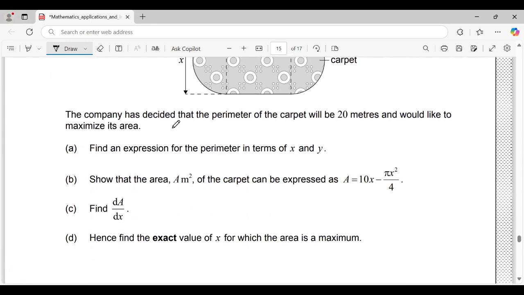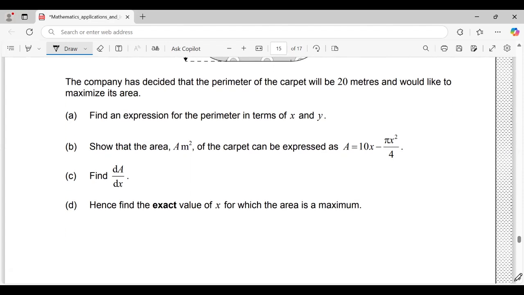The company has decided that the perimeter of the carpet will be 20 meters, and would like to maximize its area. Find an expression for the perimeter in terms of x and y.